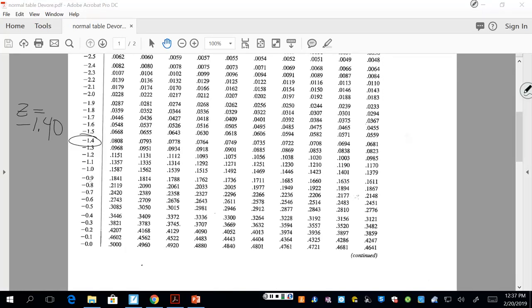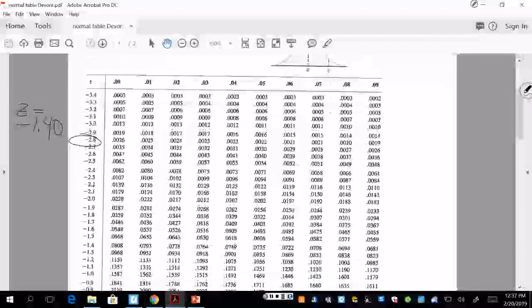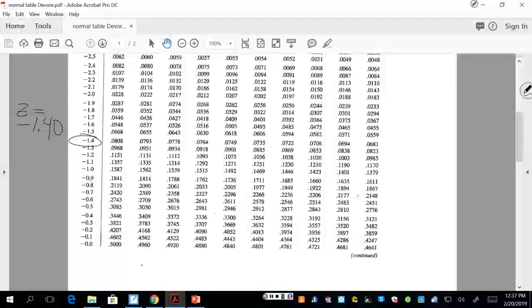So the first column here is the 0.00, nothing else in there. It gives this number as a probability. So the probability you're less than or equal to negative 1.4 is 0.0808.